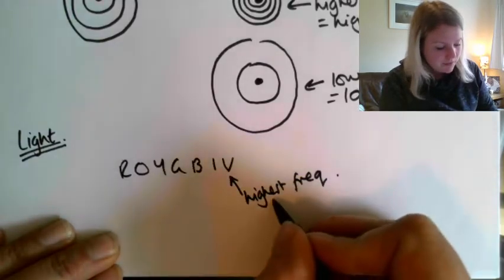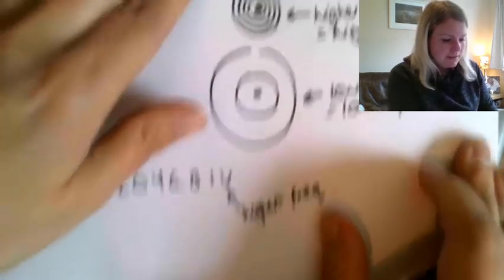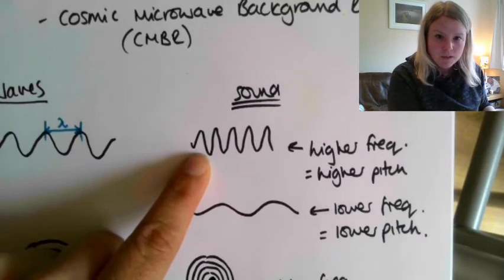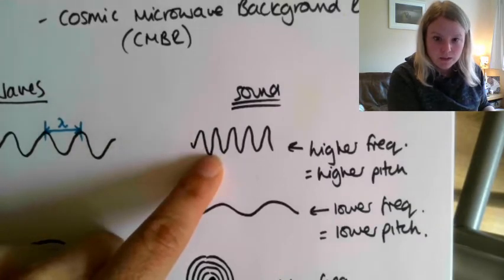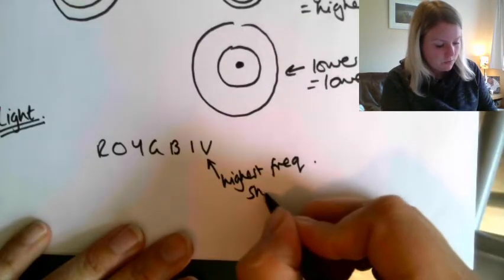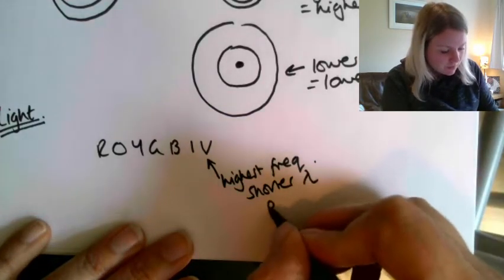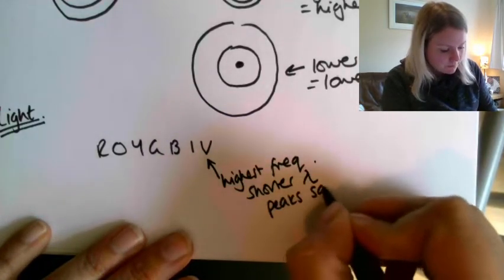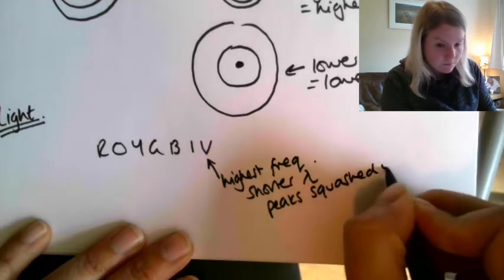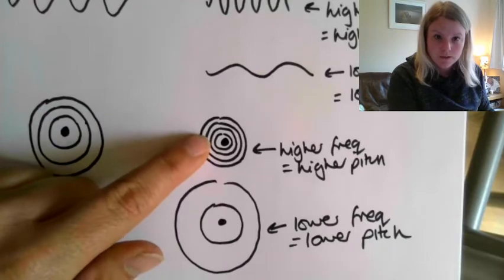So if we think back up to here, with the higher frequency, it has a shorter wavelength, and its peaks are all squashed up. So it correlates to this one here.